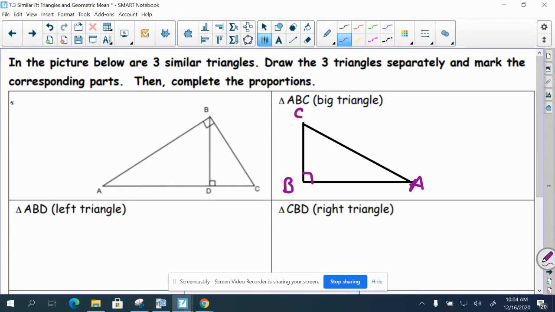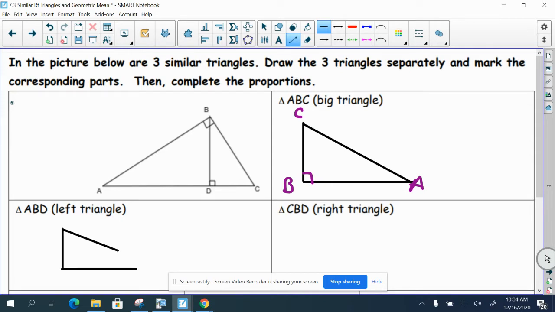Now we're going to redraw the triangle on the left so it's oriented in the same way. So I'm going to copy the same triangle: short leg, long leg, and hypotenuse. All right, so what is the right angle of the medium triangle?